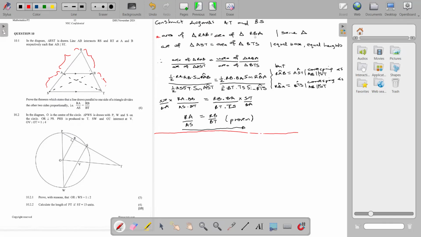The reason is the same triangle is provided there. Then, instead of taking the triangle AST, you can take the triangle ASB. So the second one is the area of triangle ASB.